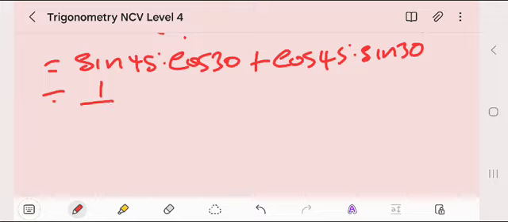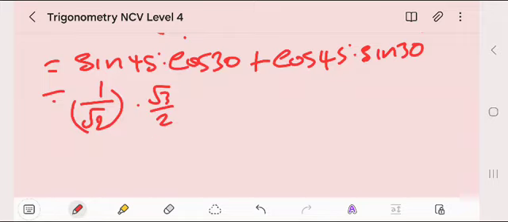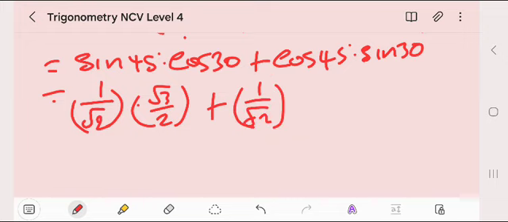Sine 45 is 1 over square root 2, multiplied by cos 30, which is square root of 3 over 2, plus cos 45, which is 1 over square root 2, multiplied by sine 30, which is 1 over 2.